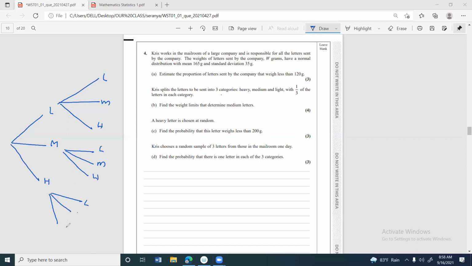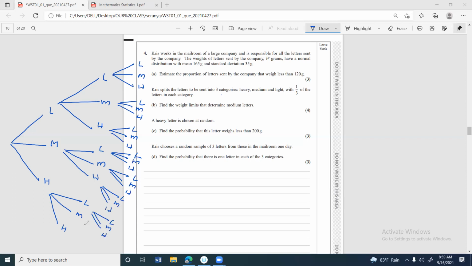Then when you come to the third, again it can be light, medium, heavy, for each branch. There's another way we do this, but for the moment you have to get it like this. If you start with light, then it can be 2 lights. Light is one combination for the light, medium, heavy.